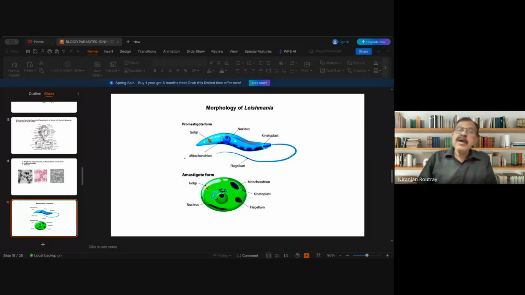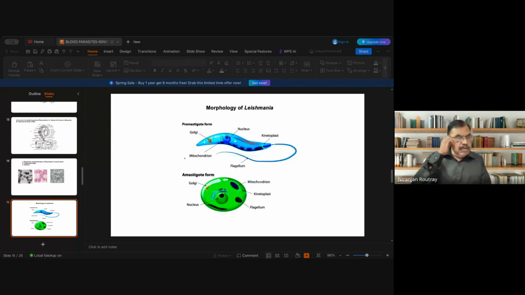So nasal mucosa as well as oral, pharyngeal or mouth cavity mucosa, it becomes inflamed due to the presence of this Leishmania mexicana, and it causes localized skin lesions. Localized skin lesions means ulceration which is localized.